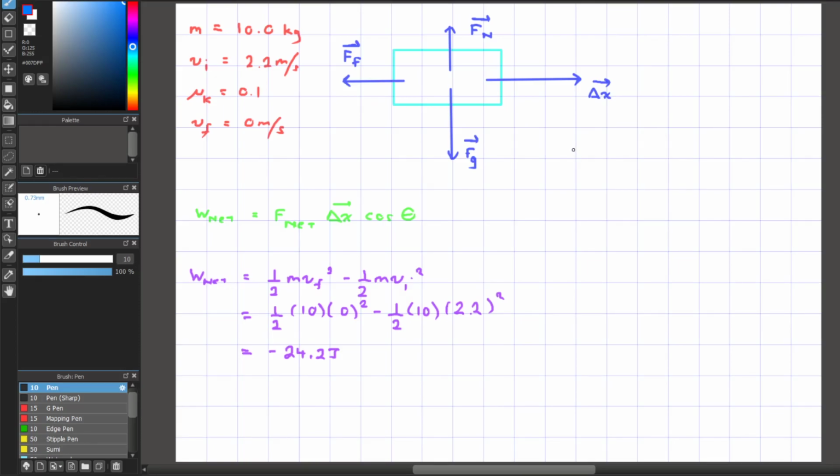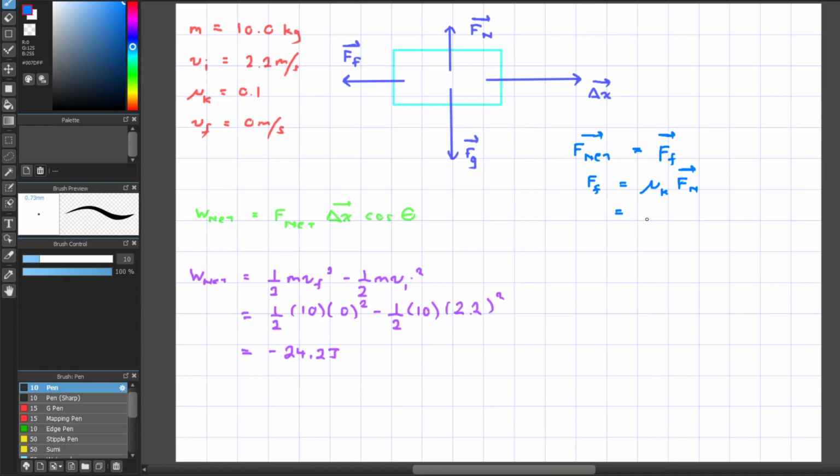Next, we can try to find the net force, and this isn't so bad because if we look at our free body diagram, you can immediately say that the normal force and the force of gravity cancel each other out. So the net force has to equal the force of friction. The force of kinetic friction equals the coefficient of kinetic friction, mu k, times the normal force.